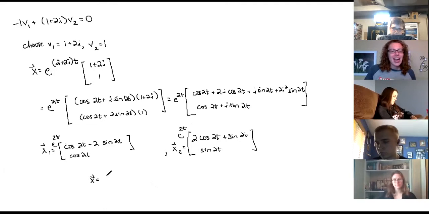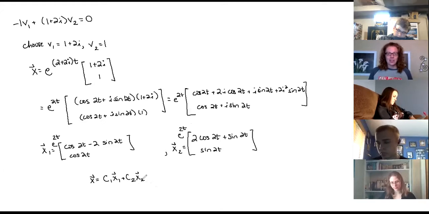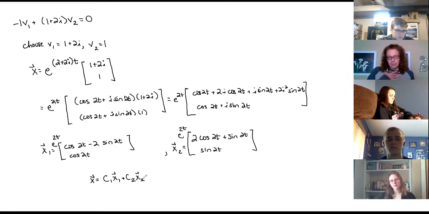So then my vector x is c1 vector x1 plus c2 vector x2. I won't, but you could write little x1 of t and little x2 of t. So it would have a c1 and a c2 first line and second line. Maybe we'll just write little x2 of t so you can see it and I won't bother writing little x1 of t.